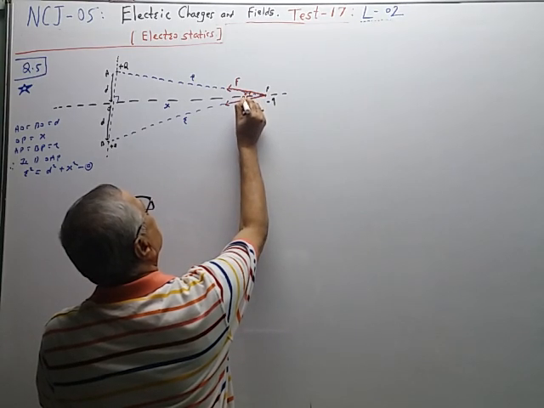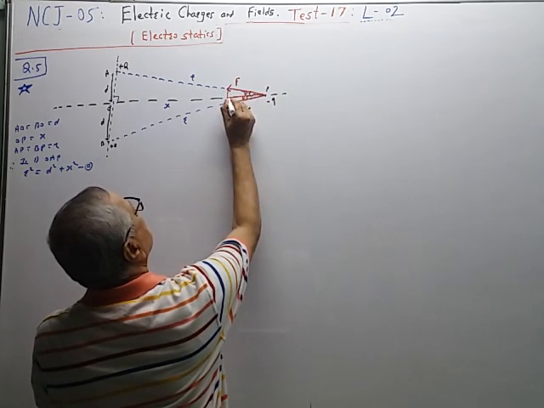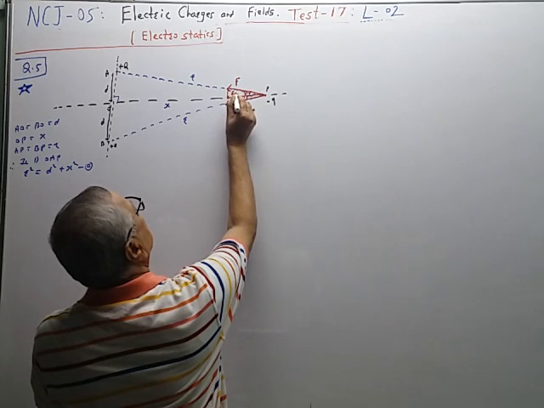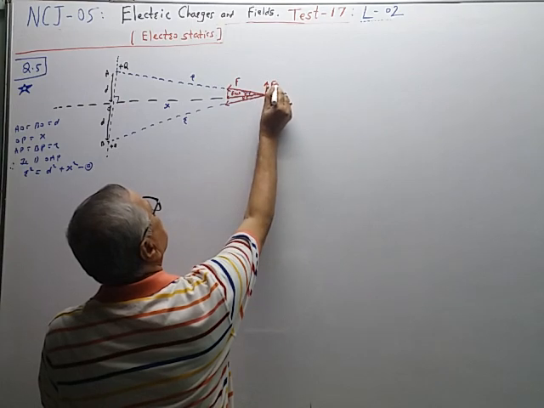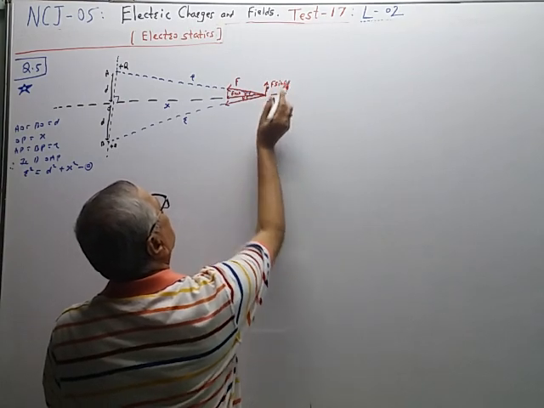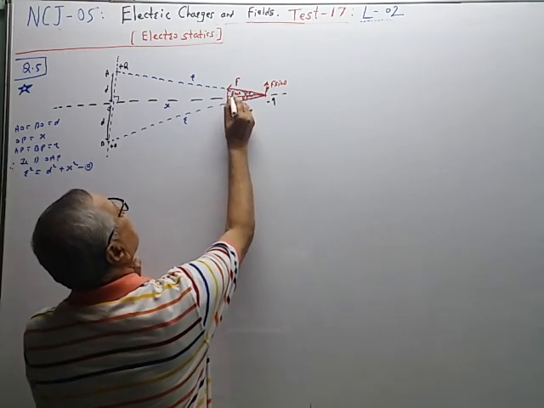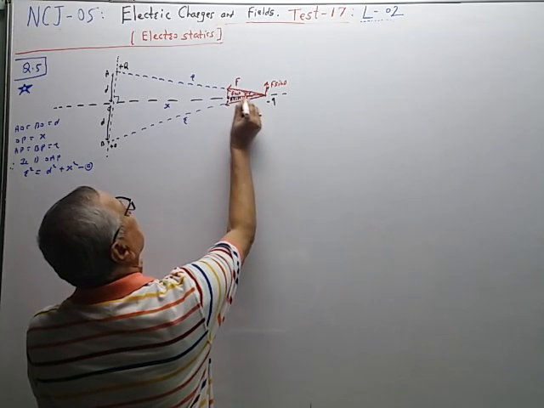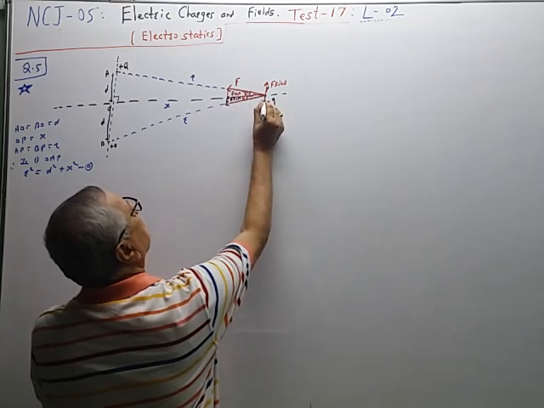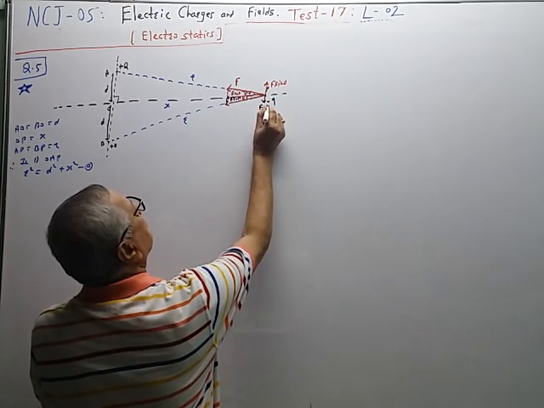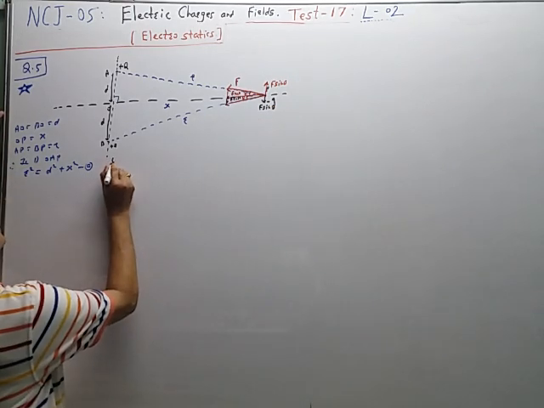If we draw perpendicular, then this component is F cos theta, this component is F sin theta. Similarly, this component is F cos theta and this is F sin theta.